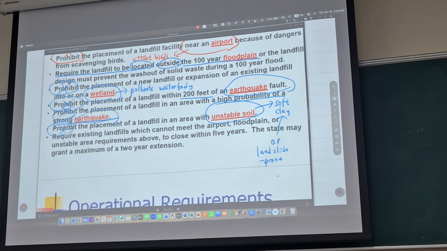Easy to get landslide. So this kind of soil we call unstable soil, the soft clays or the landslide-prone soil.